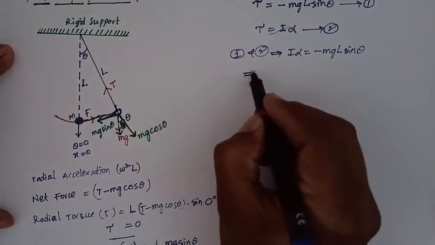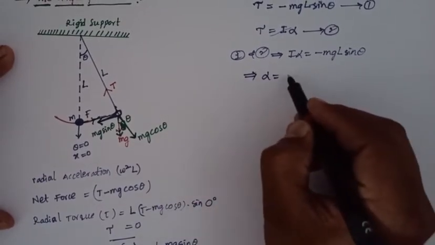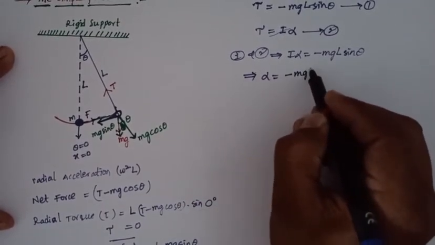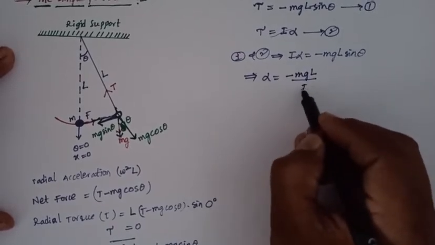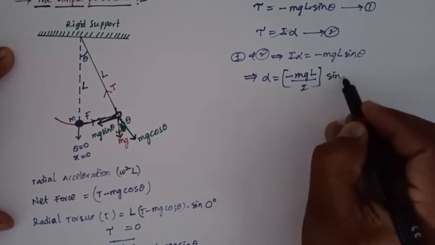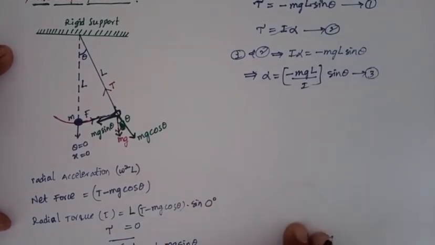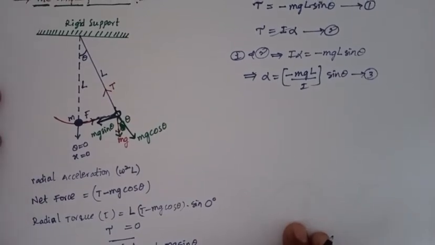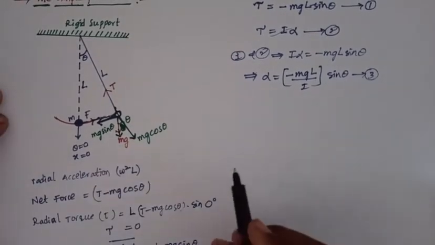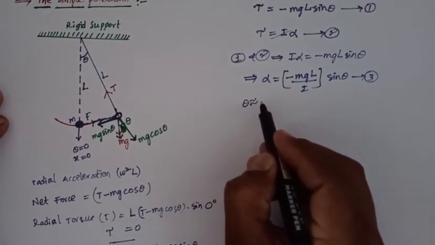From this equation, alpha equals minus mgl by I into sin theta. So this is equation number 3. Here we consider theta approximately equal to 0.